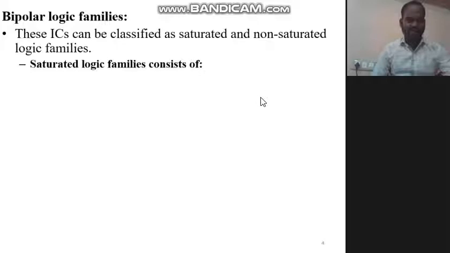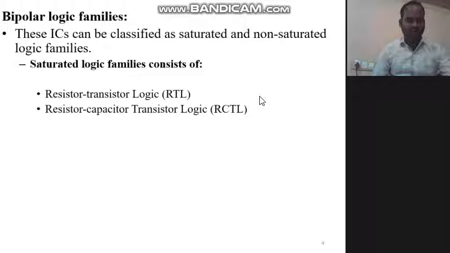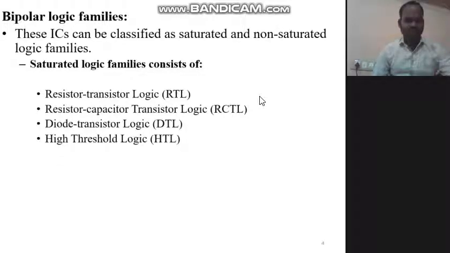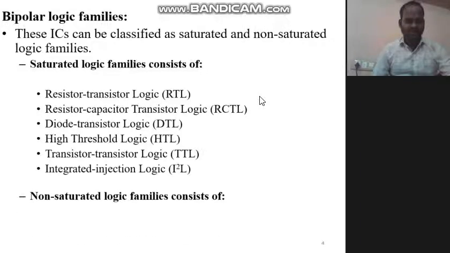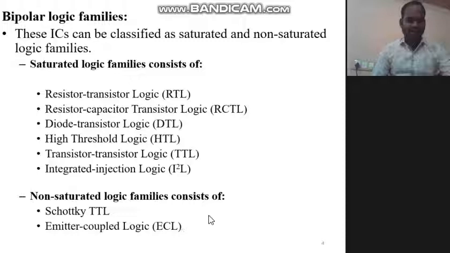Saturated logic families consist of resistor transistor logic RTL, resistor capacitor transistor logic RCTL, diode transistor logic DTL, high threshold logic HTL, transistor transistor logic TTL, and integrated injection logic, I squared L. These are the saturated logic family types. The non-saturated logic family consists of Schottky TTL and emitter coupled logic, ECL.